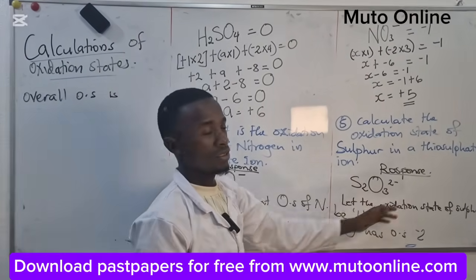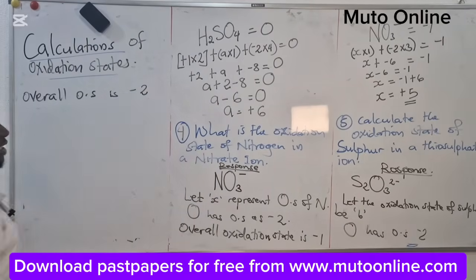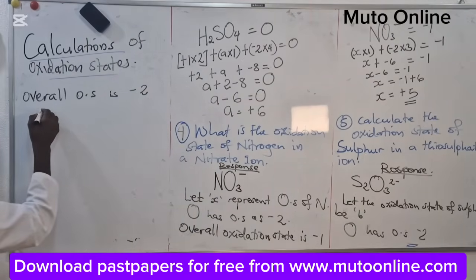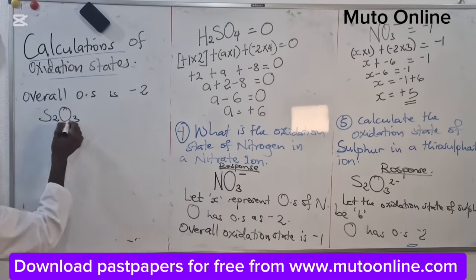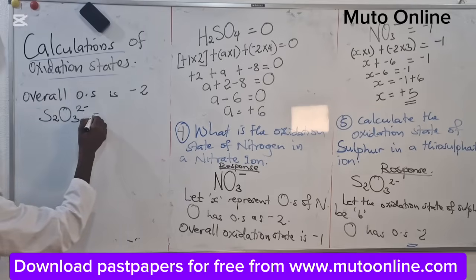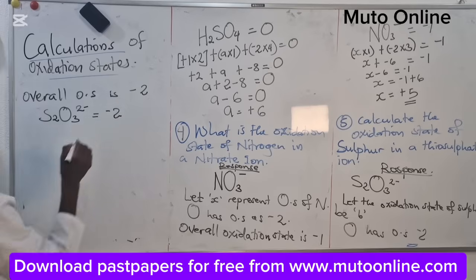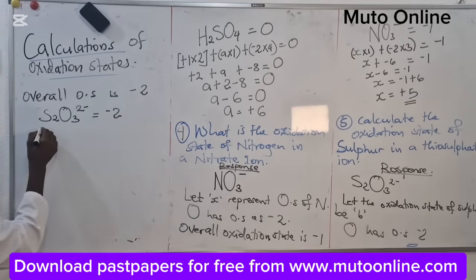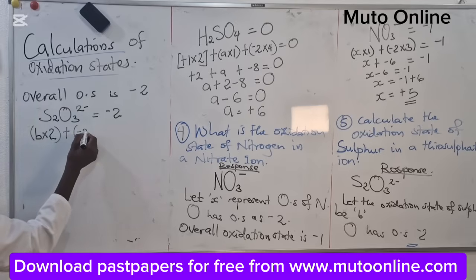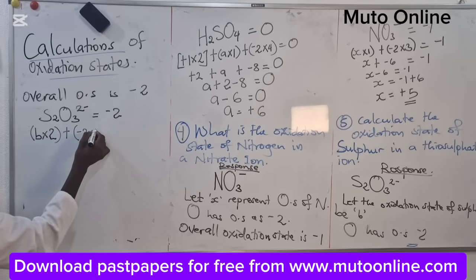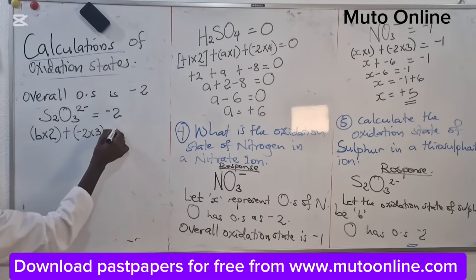Is its charge, which is a -2. So to calculate, we shall have the sum of the atoms in a thiosulfate ion will be equivalent to its charge, which is a -2. So our oxidation state of sulfur, which we abbreviated as a B, multiplied by the number of atoms, which is a 2, plus the oxidation state of oxygen, which is a -2, times the number of atoms of oxygen, which is a 3, will give us a -2.